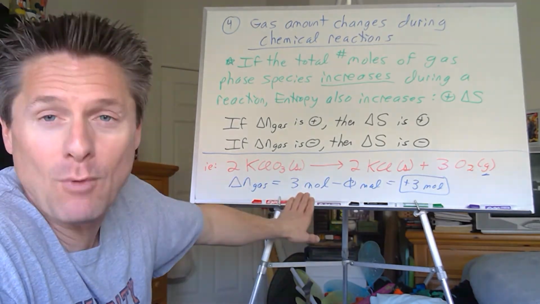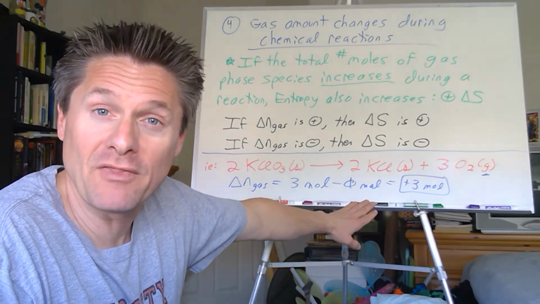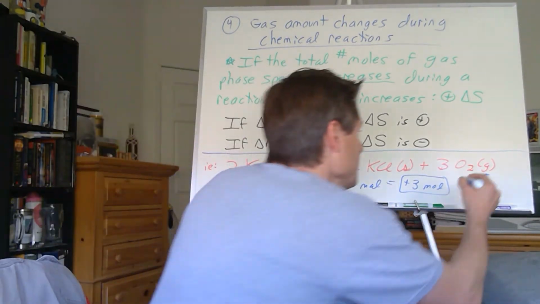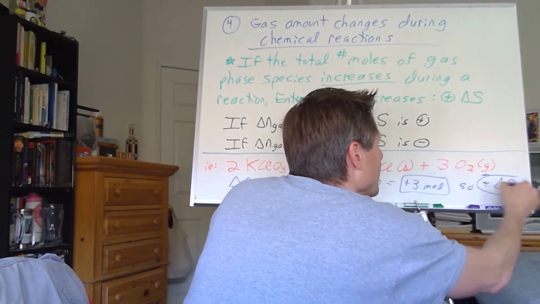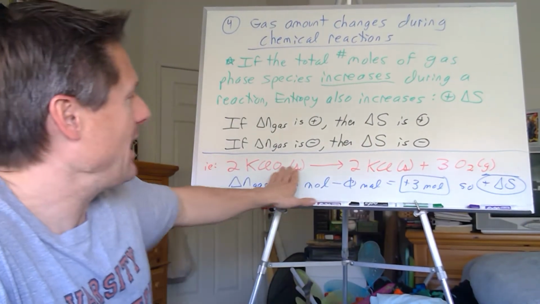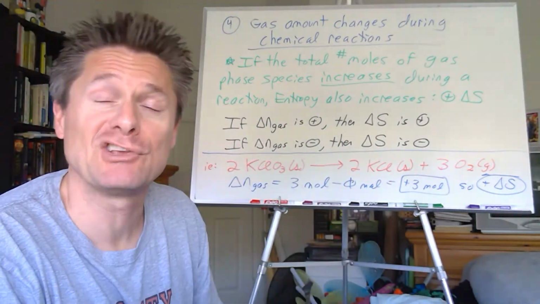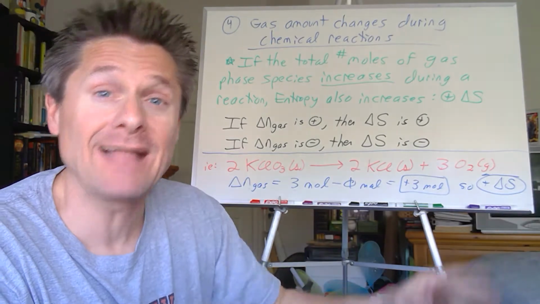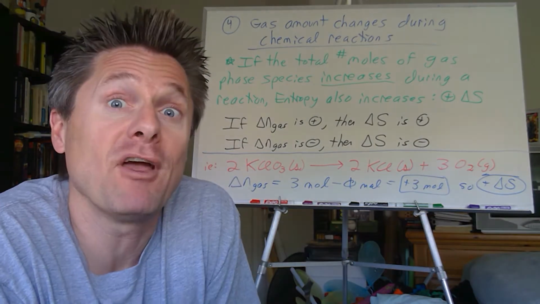So you could go final moles minus initial moles, or moles on the product side minus moles on the reactant side. Boom, that's positive 3. So that's a positive delta S. So I would expect for this chemical reaction the entropy to massively increase, because you're going from no gases to lots of gas, huge number of increased translational microstates available for you.